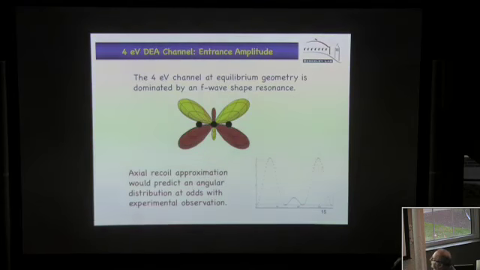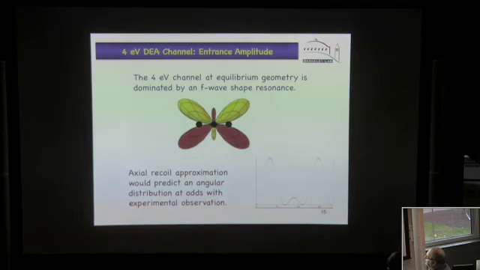So for the case of CO2, it looks like this. The 4-volt pi resonance is a combination of F wave and P wave. The P wave component is here. The F wave is dominant. This is a 3D image which tells you the probability of an electron attaching to a fixed CO2 molecule in linear geometry.